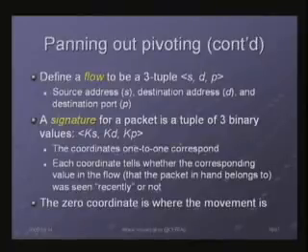First, let us define a flow to be a three-tuple consisting of source IP address, destination IP address, and destination port. And then we define the signature for a packet. The signature corresponds to the flow three-tuple. But the values here will be binary. So KS, KD, and KP, they're all binary.